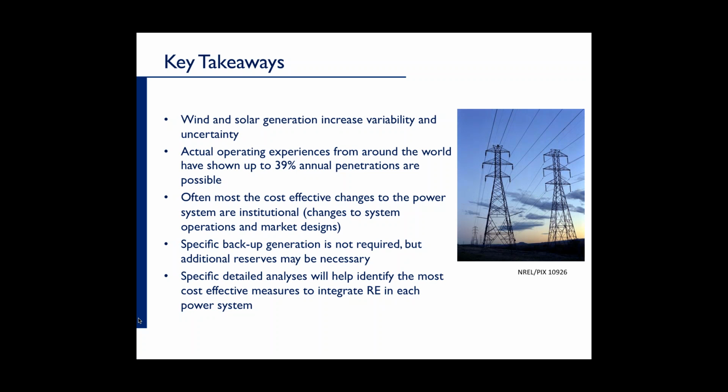I know I've covered a lot of material here, but wind and solar certainly do increase variability and uncertainty. We know that there are a lot of ways that we can manage that, both through physical assets as well as institutional operating practice. We have experience now around the world that shows that at least 39% can be achieved.